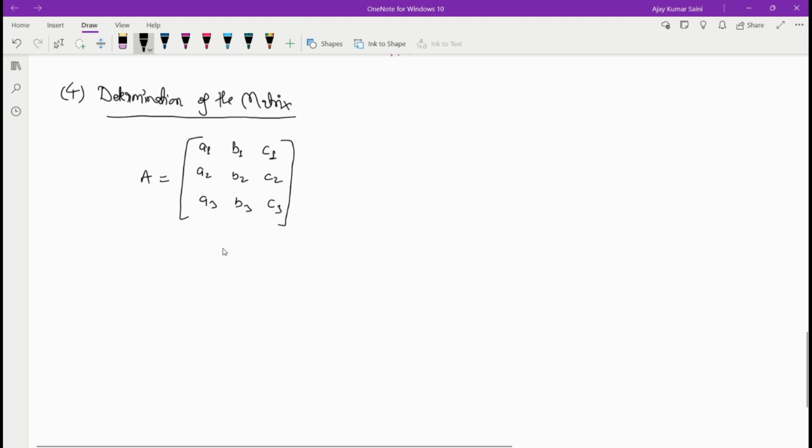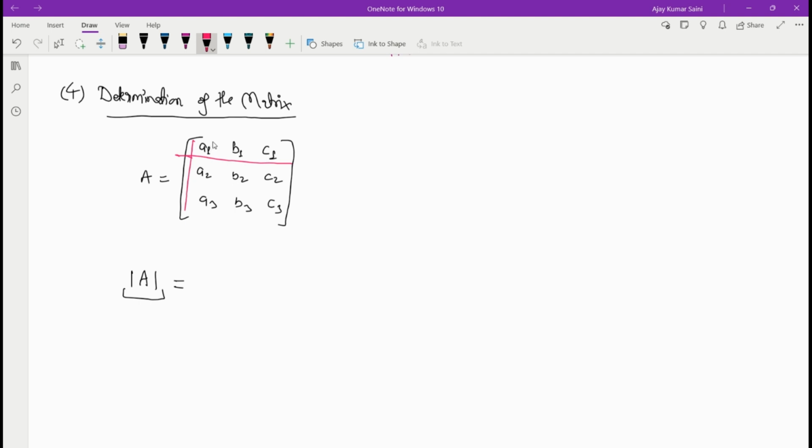To find the determinant of the matrix, it is denoted by the mod sign, this symbol. It is very easy. Now see here, it is column first and row first.